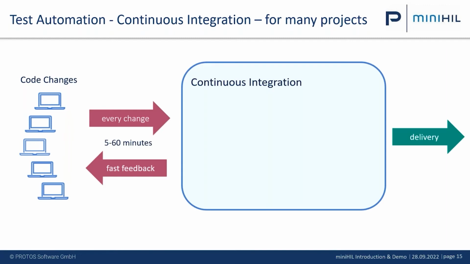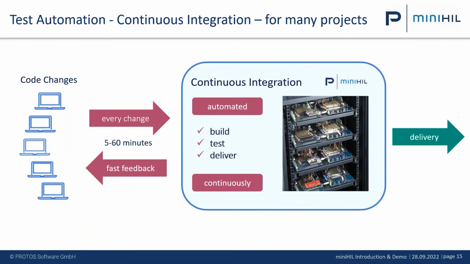Every change is tested on the continuous integration server within minutes. So you get really fast feedback for every change, and then you potentially deliver your software. And on the continuous integration server, we run the miniHIL software, and also we hook the miniHIL boards up to the continuous integration server.